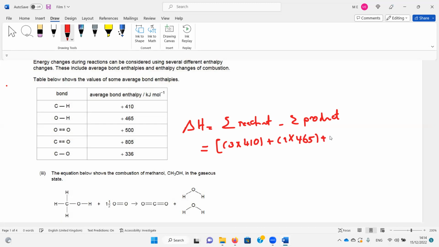And then we have C single bond O, that is 1 times 336. And also we have 1.5 times 500, that is for the O2.